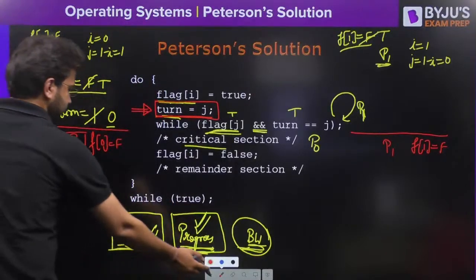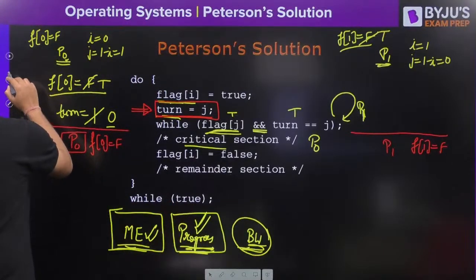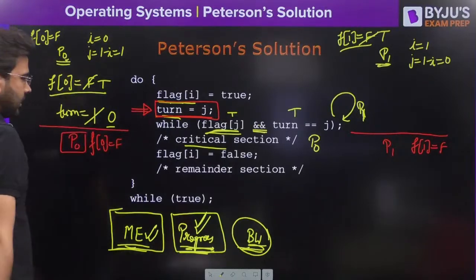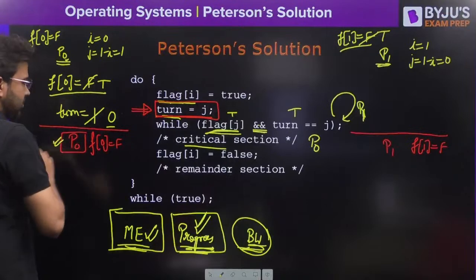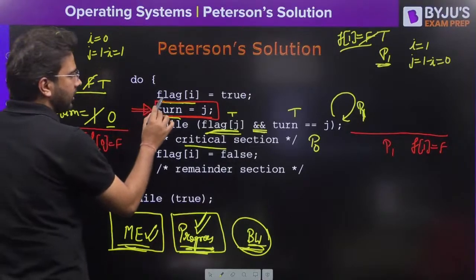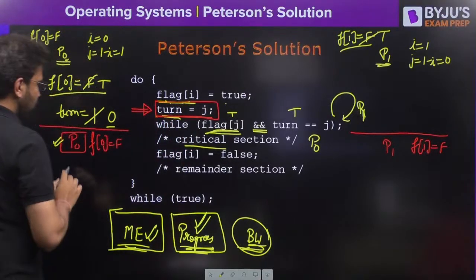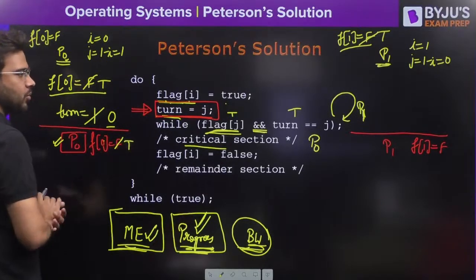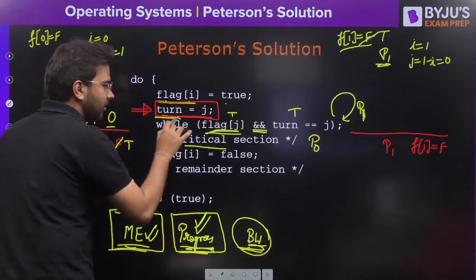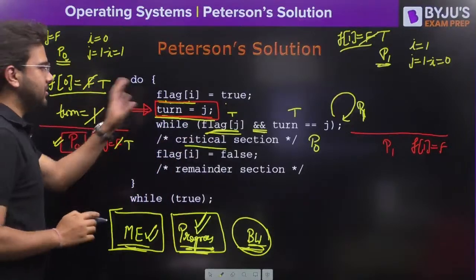Fine. Right, now see this. Let's execute P0 first. So what will happen? Flag of i is equal to true. So flag of 0 will be true. Fine, it is true.